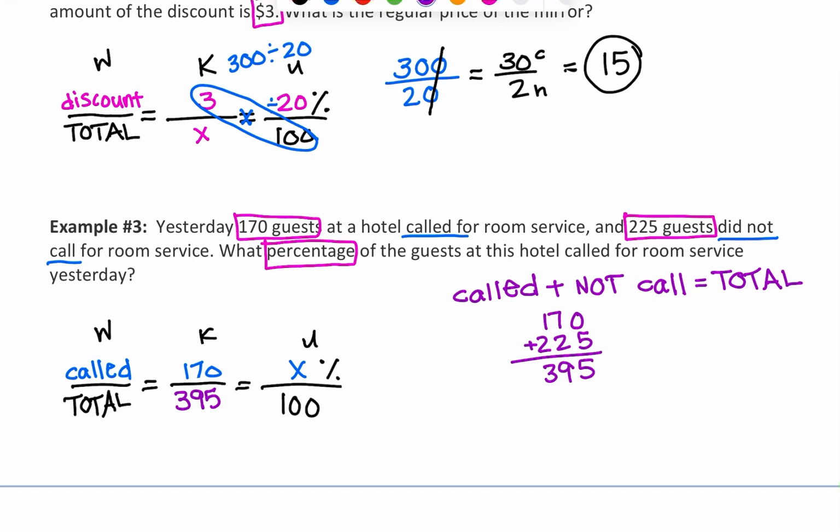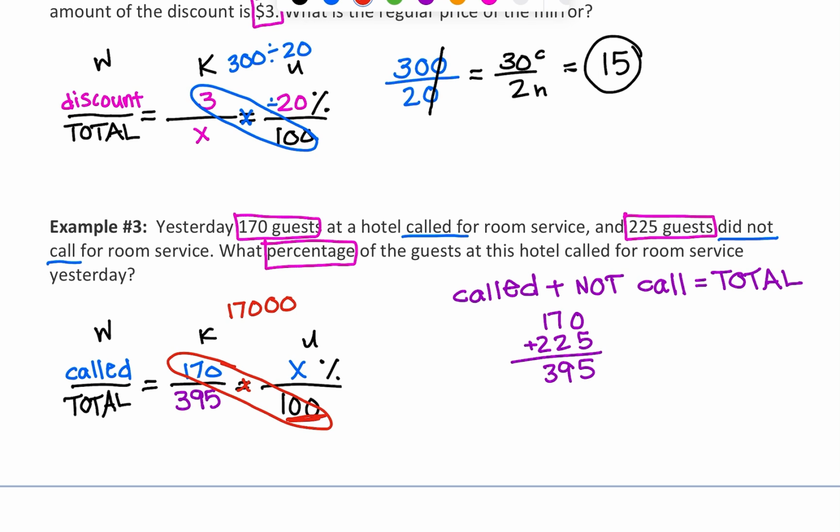So in this situation, we have our fraction in the middle. We want to know what that percent would be. So we would have to solve, and to solve, we would multiply across. So when you have multiplying by 100, I'm going to write 170, and then 100 has 2 zeros, so I'm going to add 2 zeros onto that. Okay?